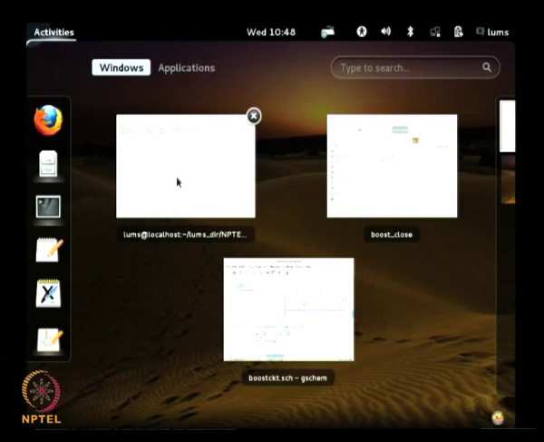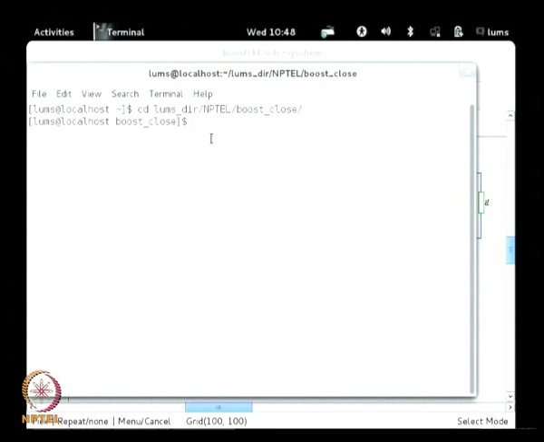So, going back to the command line, let me go to that particular folder. Now, I will run ngSPICE through a script file written in Octave called ngsim boost circuit dot schematic.